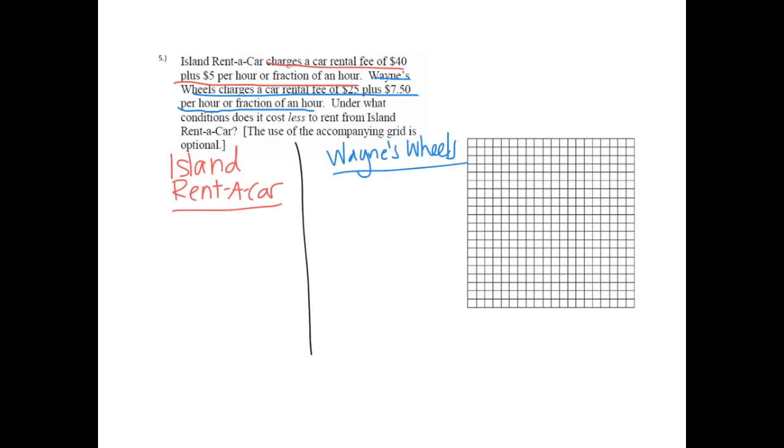So we have Island Rent-A-Car and we have Wayne's Wheels. Okay, so here's what we know about Island Rent-A-Car. We got a fee of $40 and a $5 per hour charge. Now for Wayne's Wheels, we know this: $25 fee plus $7.50 per hour. So from this, let's create our equations.